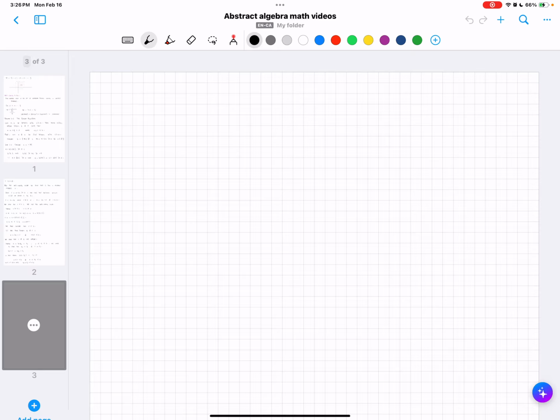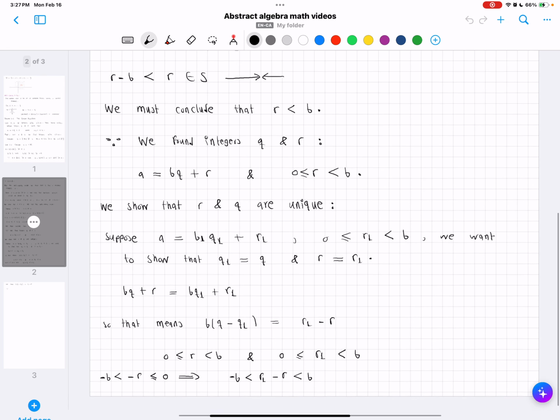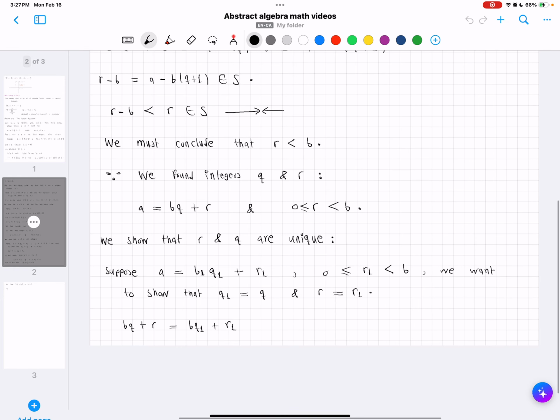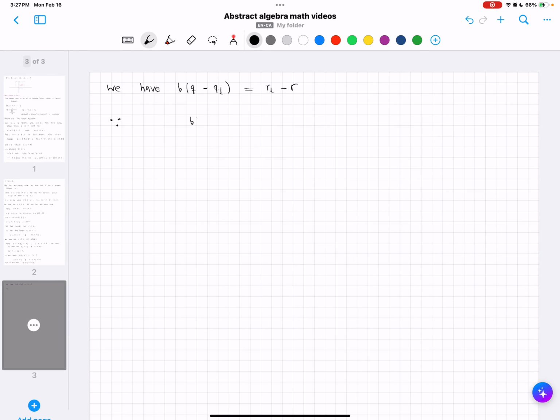So we know that we have B times (Q minus Q1) is equal to R1 minus R. So therefore, B times (Q minus Q1) is between B and negative B. So therefore, Q minus Q1 is between 1 and negative 1.